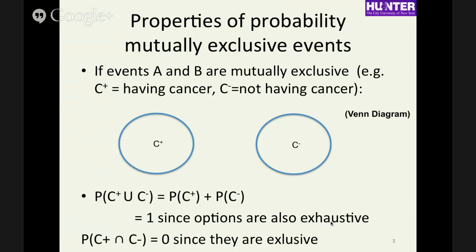And the exclusiveness can be written by this bottom notation, that the intersection of having cancer and simultaneously not having cancer is 0. The probability of that is 0. So exhaustivity and exclusivity.